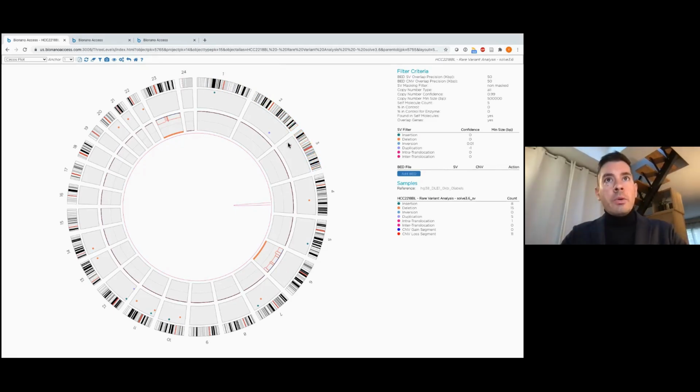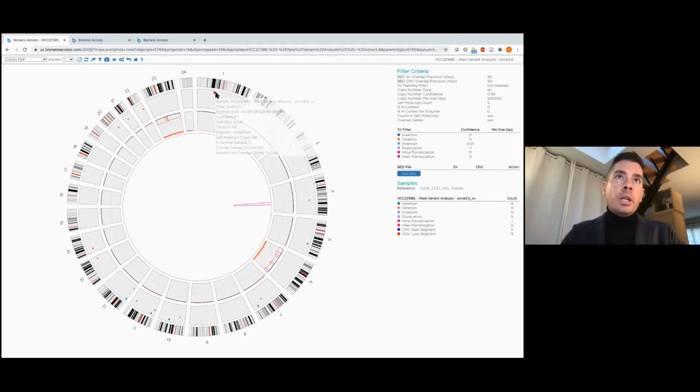The dots are representing structural variants that are identified by this map alignment. The color code corresponds to insertion, deletion, inversion, duplications. Copy numbers are shown here with two aneuploidies identified in this sample, and translocations are the pink lines at the center. Here you do have an intrachromosomal translocation.